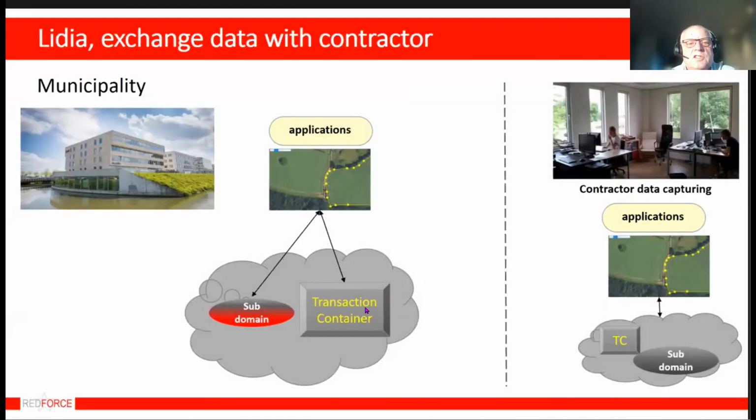Then we can also exchange data with contractors. For example, if you have a municipality which has a contractor who does the data capturing, and if they are finished with the data capturing, they can exchange the data with the transaction container from the municipality, and they can then first do a kind of quality check to see if things are correct before they submit it into the subdomain.